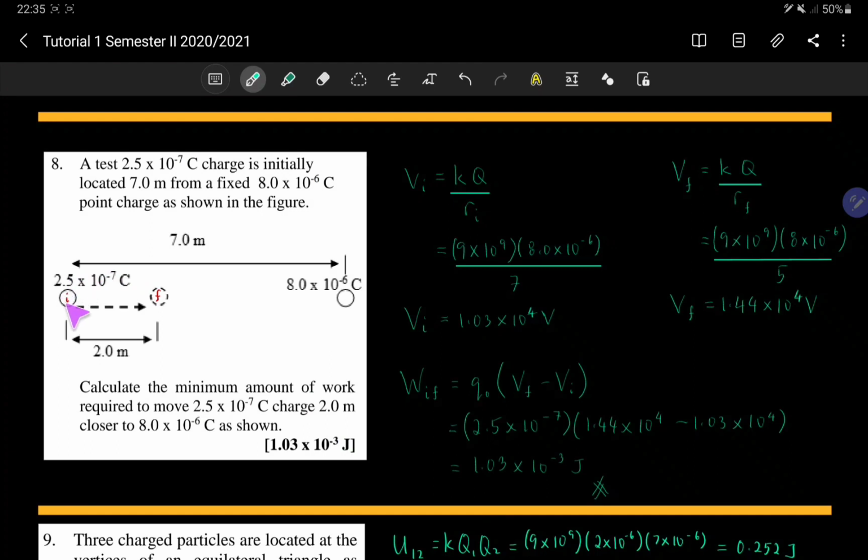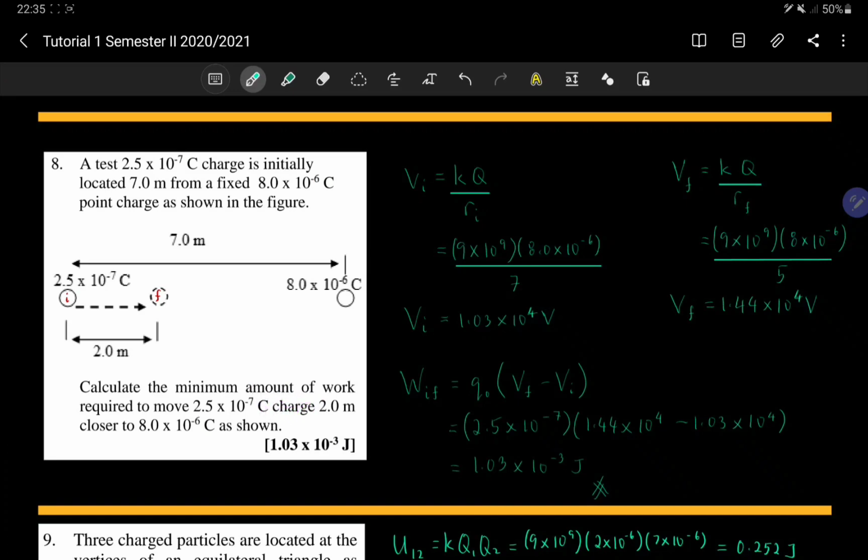So the separation between the final position and the isolated charge is 7 minus 2, which equals 5. They ask you to find the minimum amount of work.